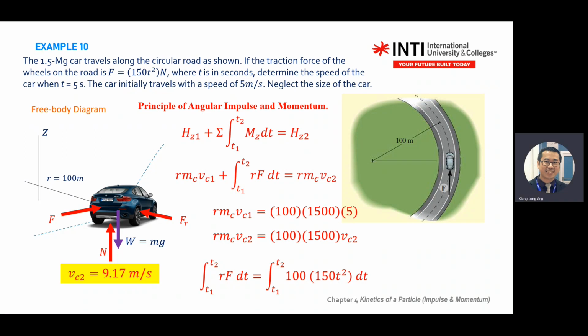Even though you arrive at the same answer, let's say in this example, 9.17 velocity, you still get 0 points for that section, because you do not show your understanding of the principle of angular impulse and momentum.